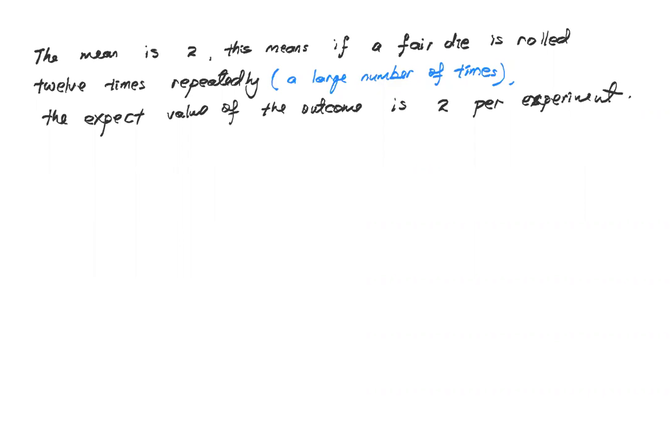Actually, if I say the value of the outcome is 2, it is also not very good. I find that this is not very good. Can someone make it better for me? This whole statement is not very good. Can any of my students try and make it better for me?